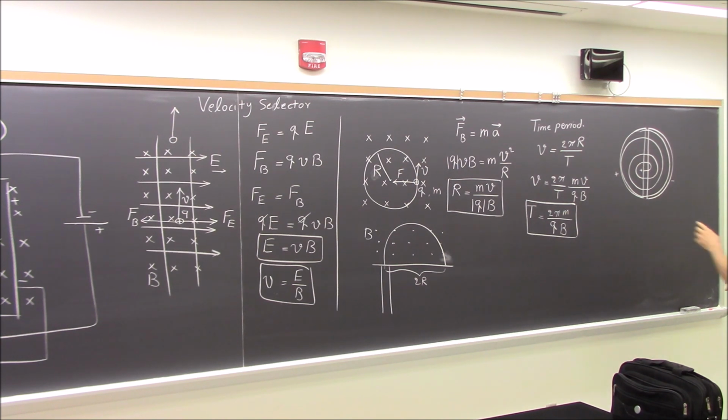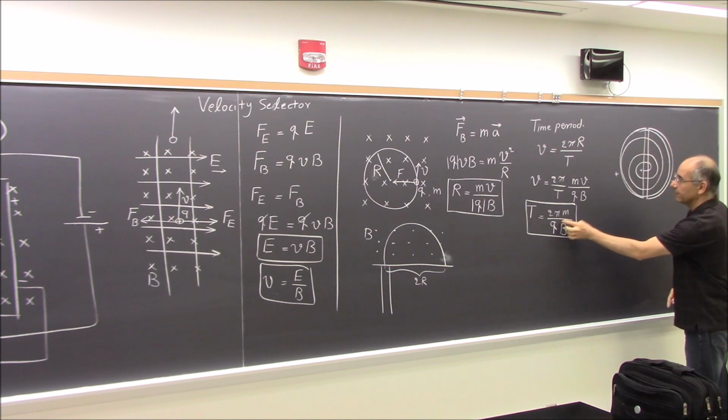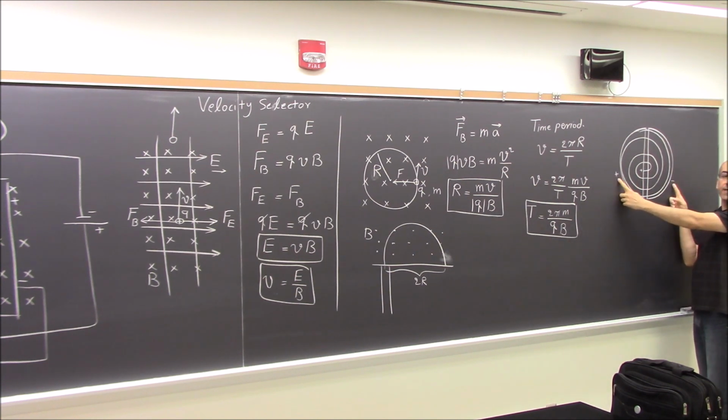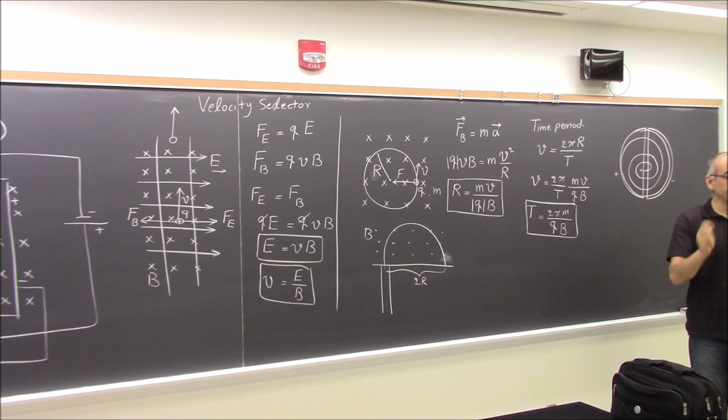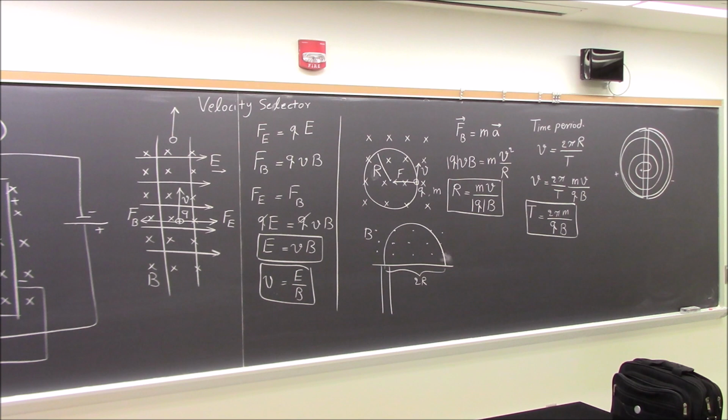And why is that important? Because you make an alternating voltage with a certain frequency here, because the time it takes to go from here to here doesn't change. So you can just make them alternately plus or minus, with an alternating current or alternating voltage, and this accelerates the particle to the highest speed.